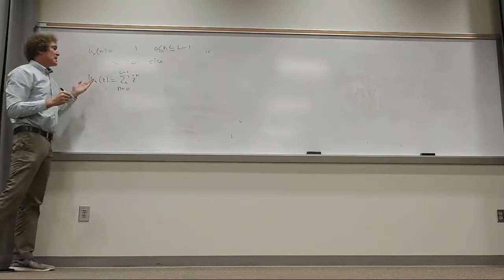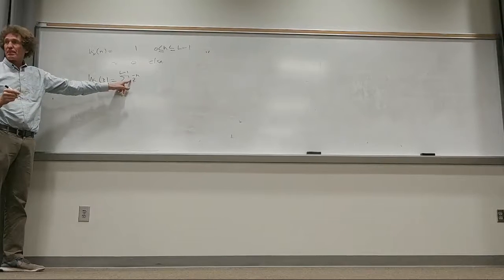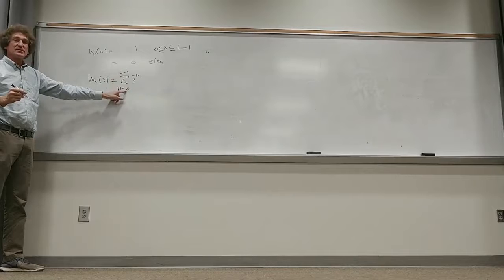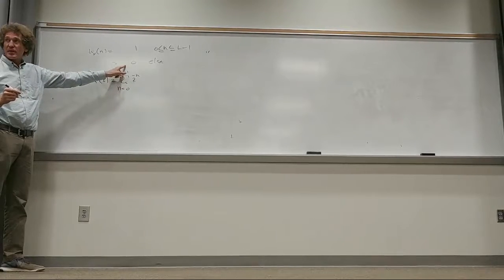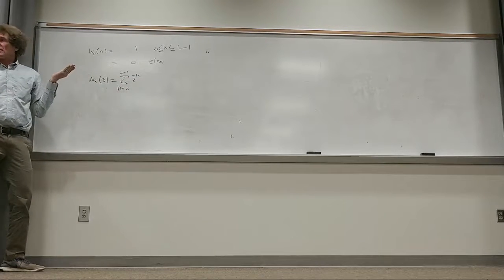The reason it's that is because for all other values of n, the coefficient is 0. That's a standard Z transform definition. Usually it goes from 0 to infinity, correct? And then here is going to be the function of n, right? The function of n is only 1 up to L minus 1, so I don't even put it in.